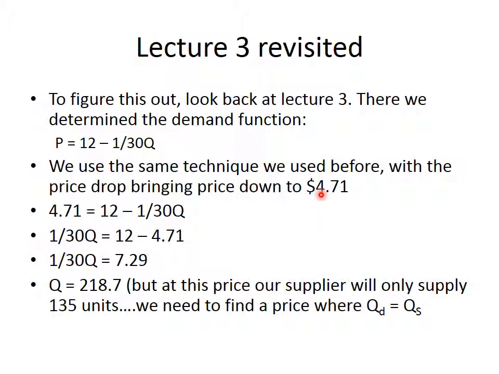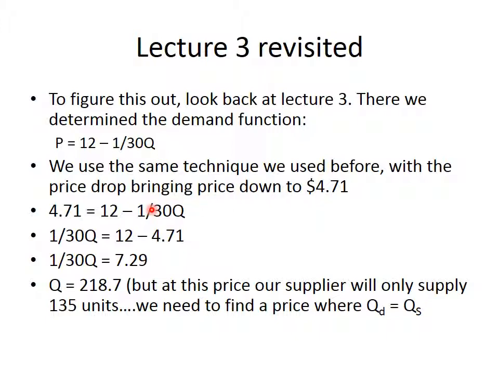But our producer was willing to supply 232.5. Meaning that there's too many sandwiches, 97.5 to be precise. So we dropped the price by $2.79 down to $4.71. That caused our supplier to be willing to supply 97.5 fewer sandwiches, down to 135.